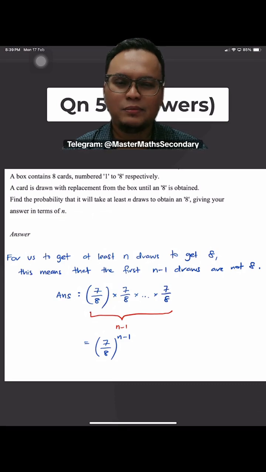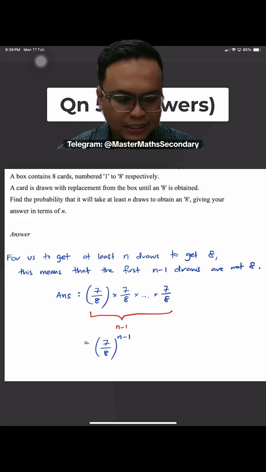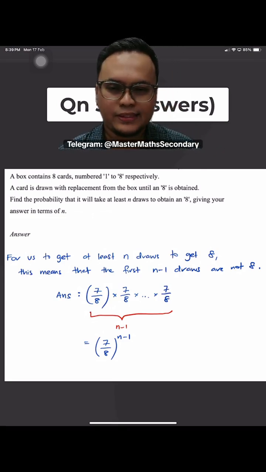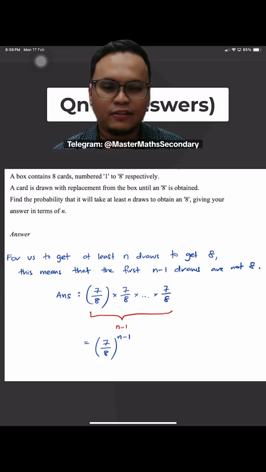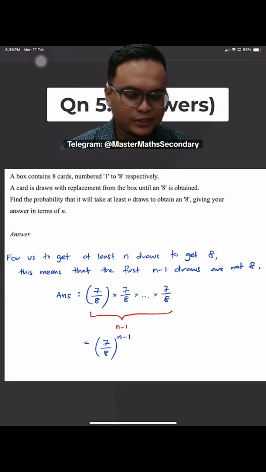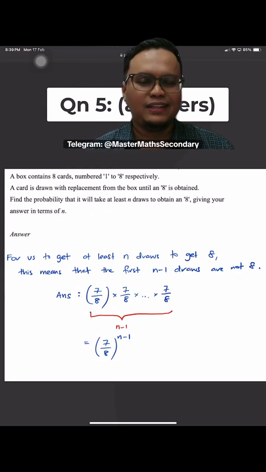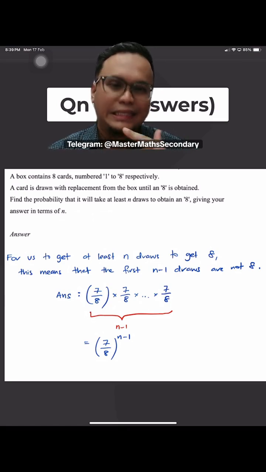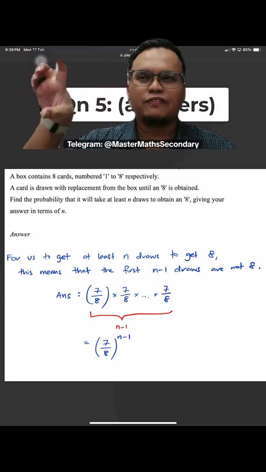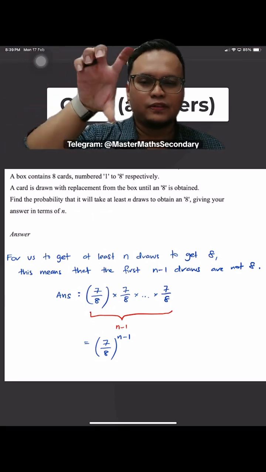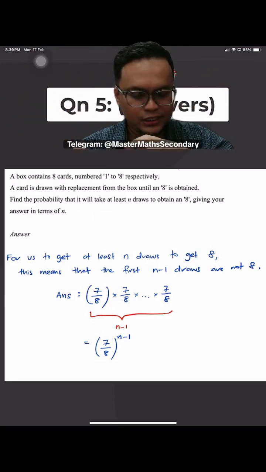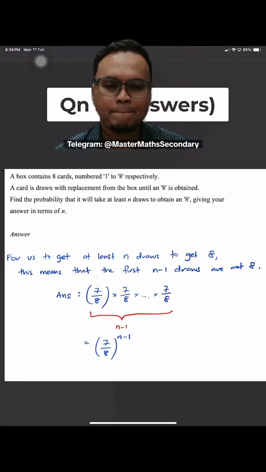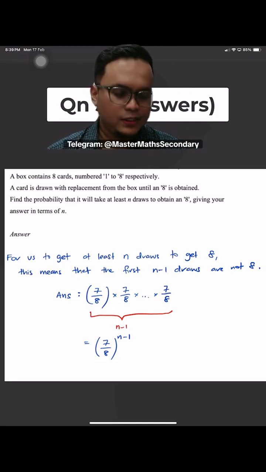What is certain is that for the first n minus 1 draws, there will not be any 8 at all. So I'm going to multiply the probability of not getting an 8, as we saw in question 3, which is 7 over 8. Now you have n minus 1 factors of 7 over 8 multiplied with each other, which simplifies to 7 over 8 to the power of n minus 1.